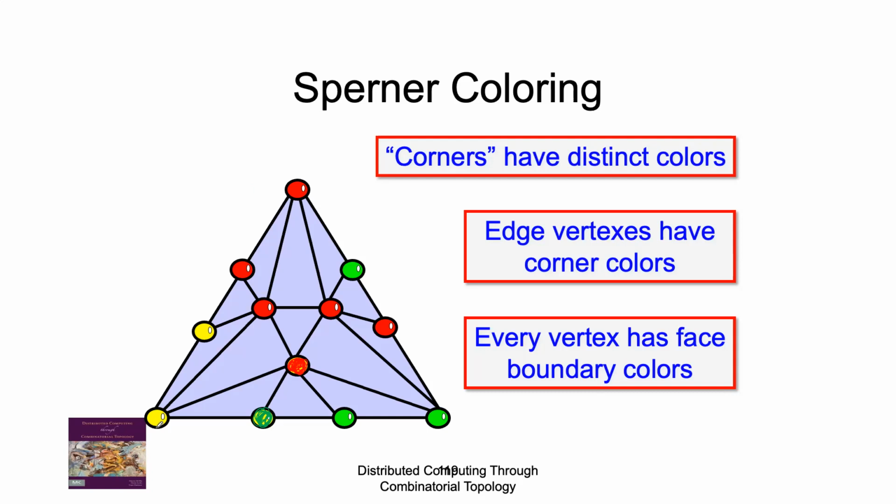So you cannot have fully colored simplices. And Sperner coloring says there's always at least one. Actually, it says there's always an odd number of fully colored simplices, but the odd number starts with 1. So the smallest odd number is 1. So at least one should have all n+1 colors, which violates the specification of set agreement.